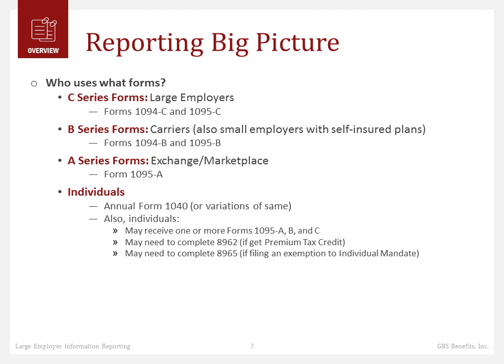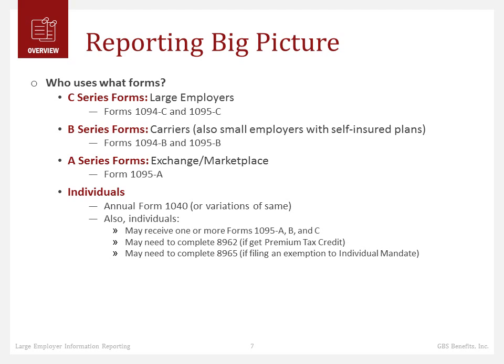Also, we have the A-Series form, which will be completed by the exchanges and marketplaces. And then we have individuals, again, that complete 1040s every year. All of us do, when we turn in our individual taxes. Individuals also may be receiving A, B, and C forms, depending on who they are.